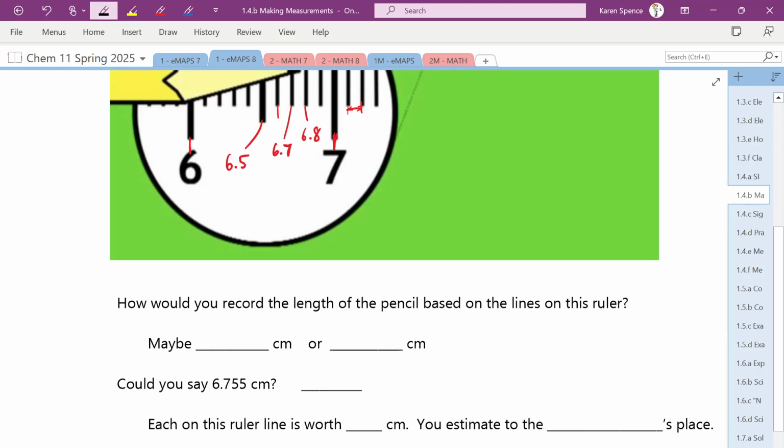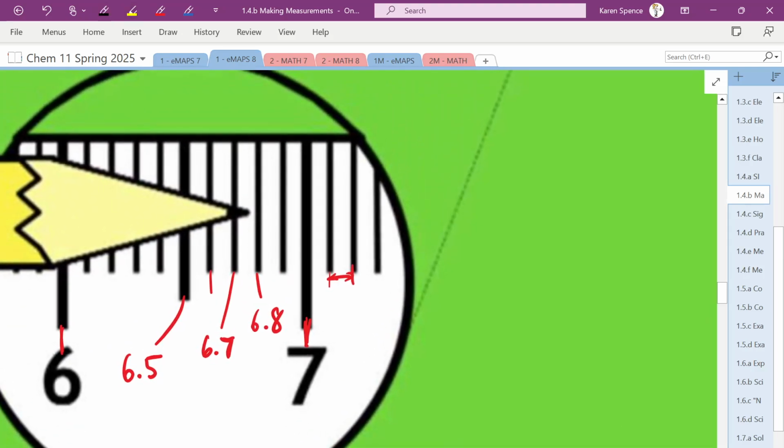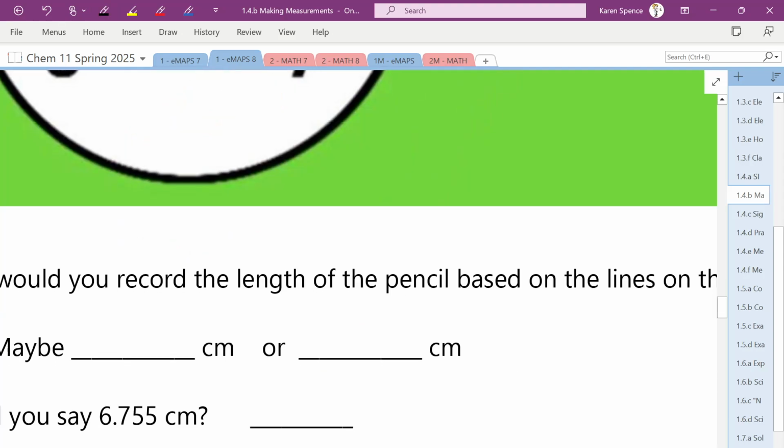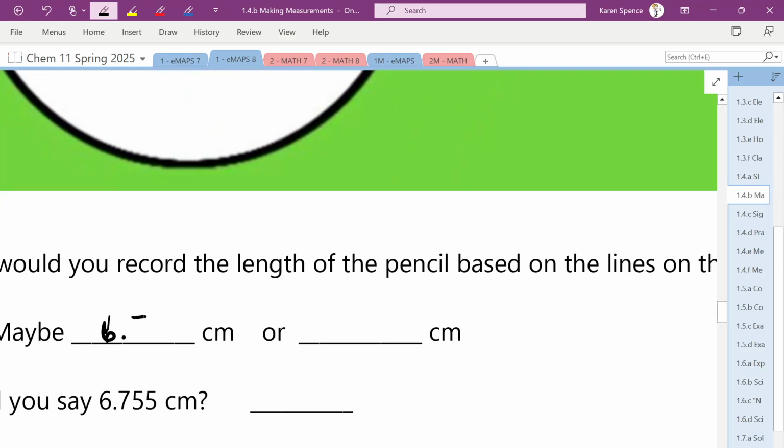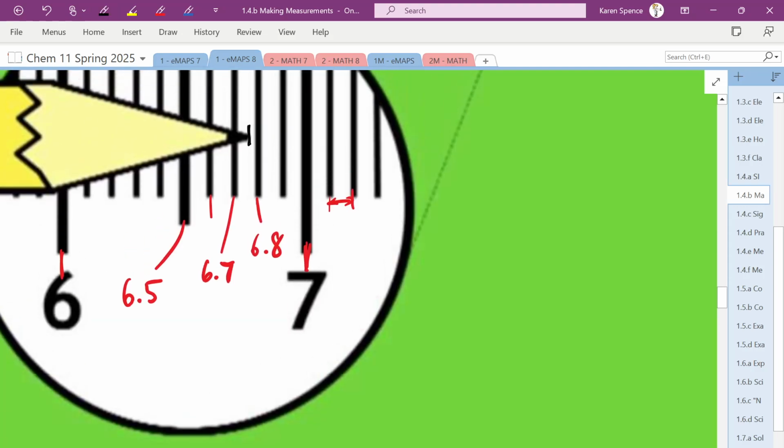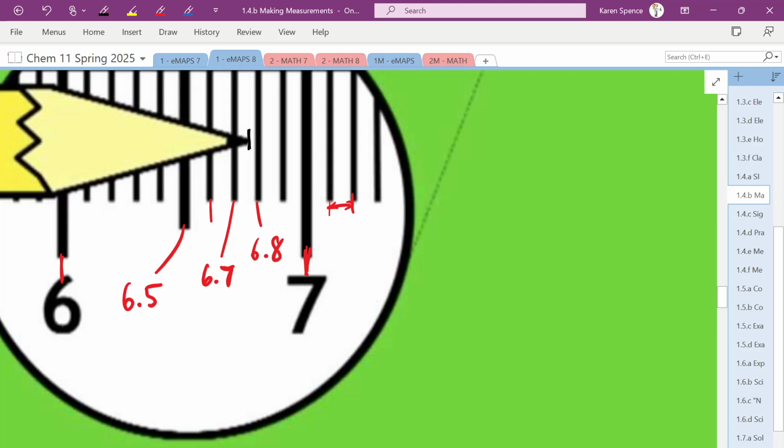So somebody give me a value. What could it be? 6.75, sure, let's do that. Somewhere in between. What else could it be? 6.76? Sure.